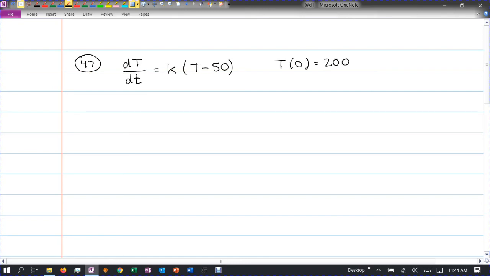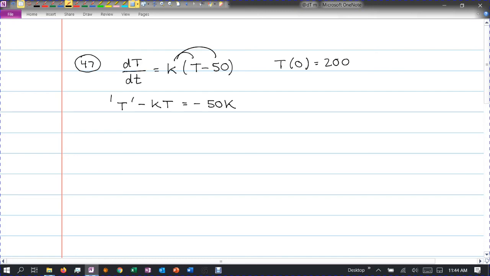So capital T is a function of little t here. So we're going to have a T prime, and then minus k times T, and then equals -50k. So I just distributed this through, and then moved the k times T over to the left, and left the -50k on the right.